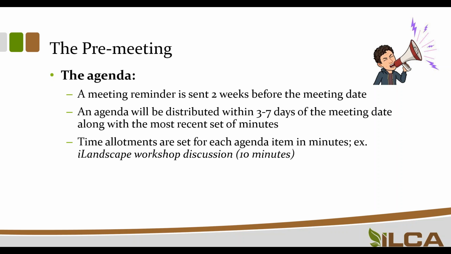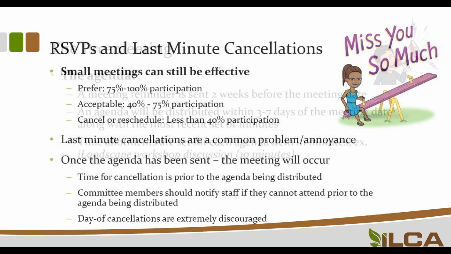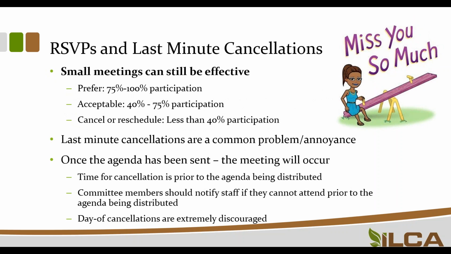The agenda will be distributed within 3 to 7 days of the meeting date, along with the most recent set of minutes. Time allotments are set for each agenda item in minutes. Example, iLandscape workshop discussion, 10 minutes.